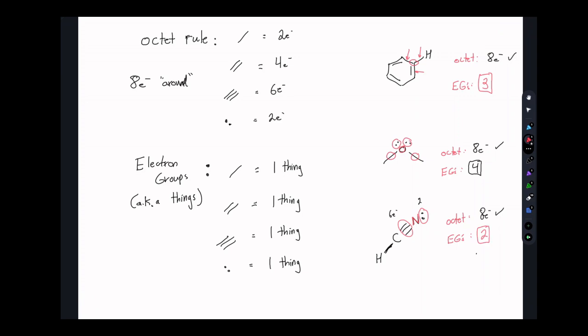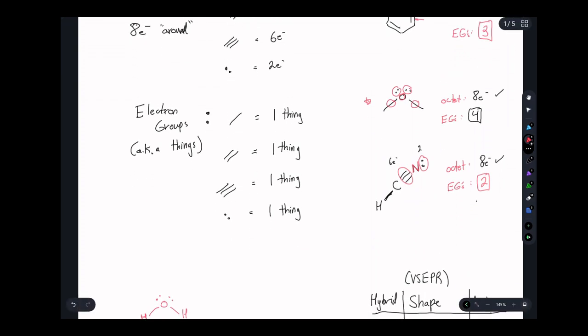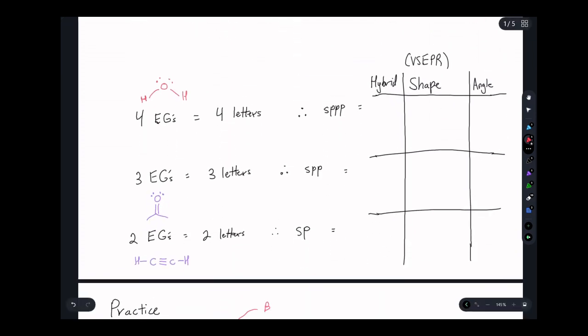Great, so that'll be a useful tool, simply counting. The highest you'll have to count to is 4, for example, as we did here. Now, how are we going to relate this to our hybridization? Well, very easily, actually. If you have 4 electron groups, like in the case of water here, that means that you're going to have 4 letters in your hybridization.